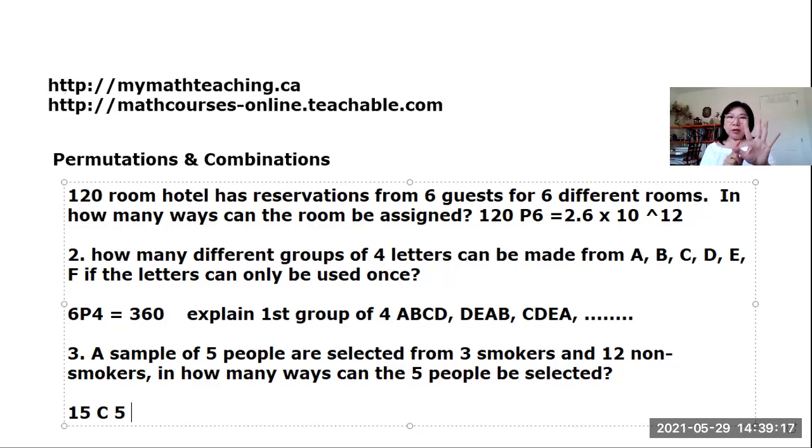If you reorder it, Jane, Tom, Alice, Mai, it doesn't matter, you count it as one group of 5 people. So this is a combination problem. And 15C5, the answer is 3,003 possible ways. That's the answer.